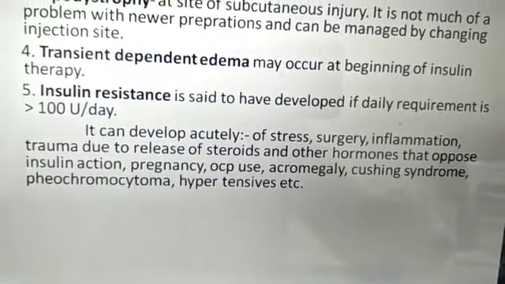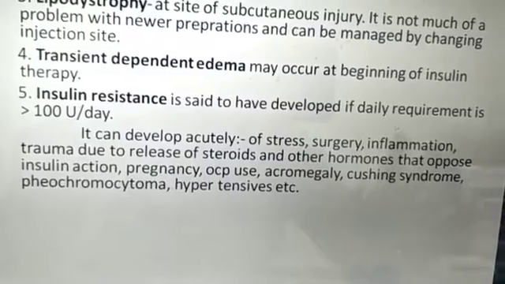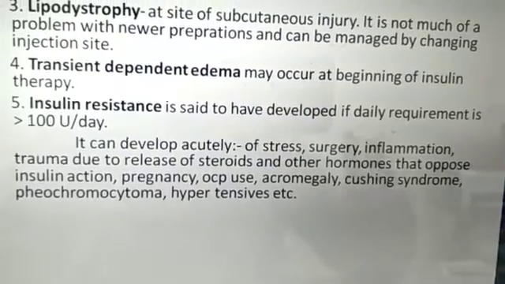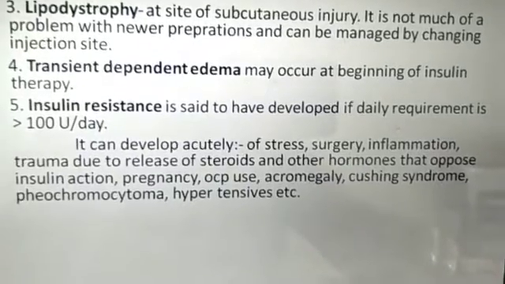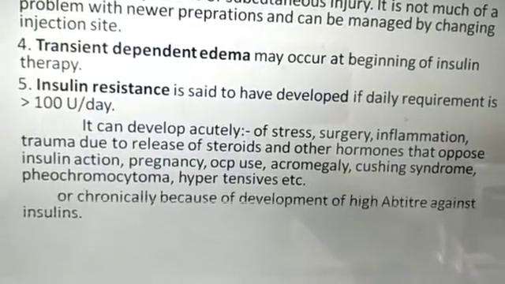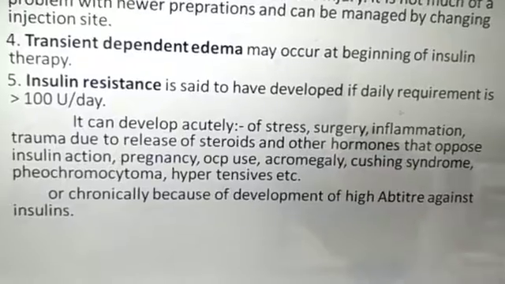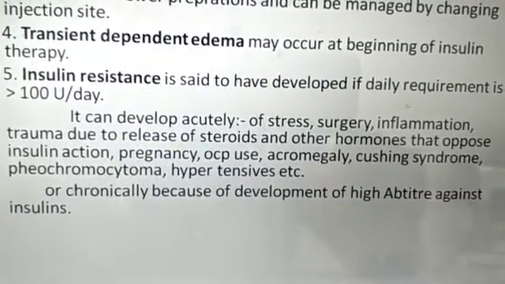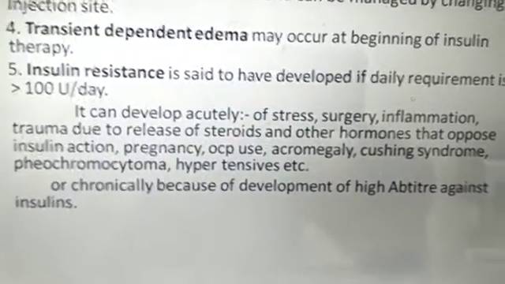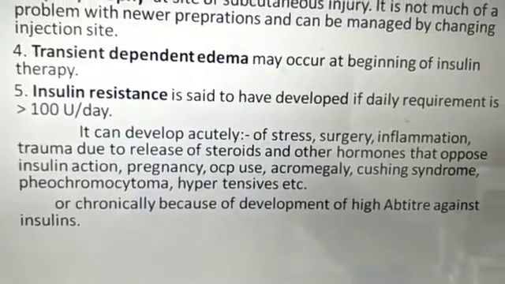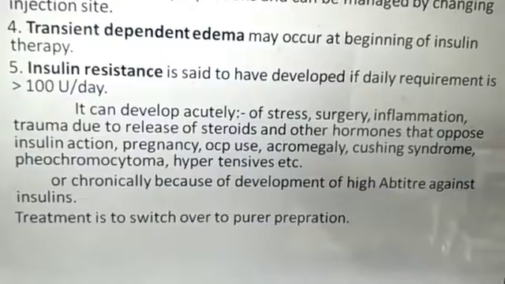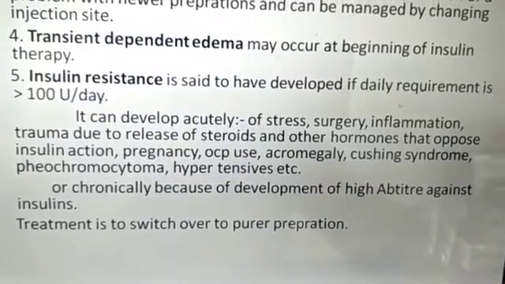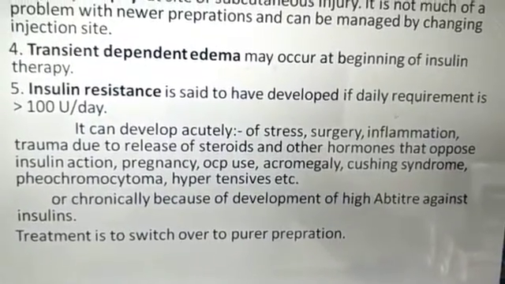Many stressful situations that can cause hyperglycemia will oppose the action of insulin. So, the patient needs a higher dose. Chronic insulin resistance is mostly due to the development of high antibody titer against the insulins. We switch over to better preparations, pure preparations.